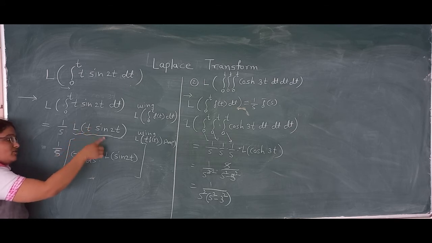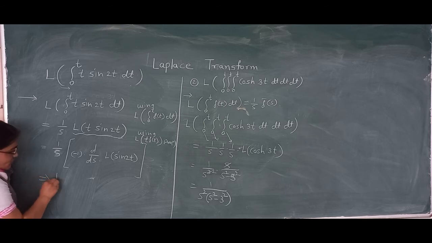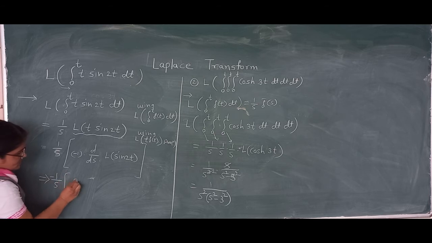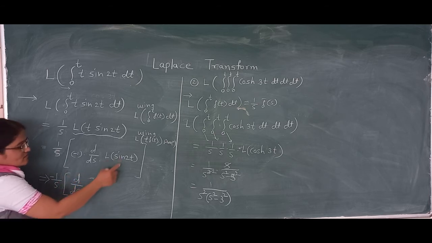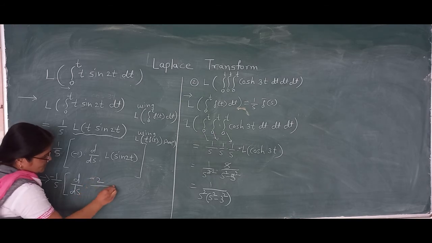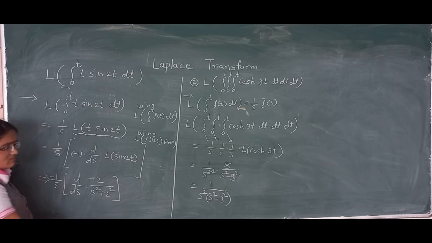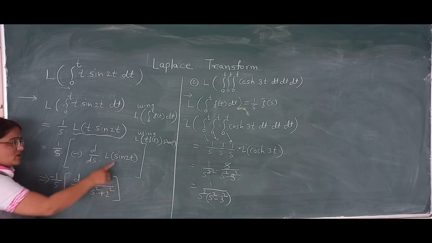Now from 2 we come over to 1 function only. Now we are able to find out. Now we take the minus sign outside. It is d/ds of Laplace of sine 2t. Laplace of sine 2t is 2 upon s square plus 2 square. There's only 1 function.